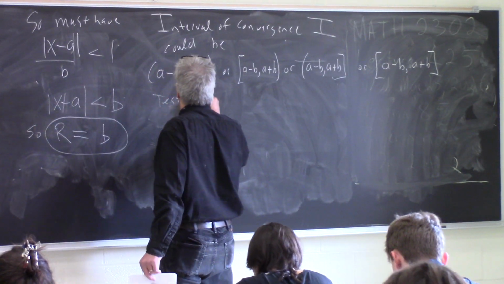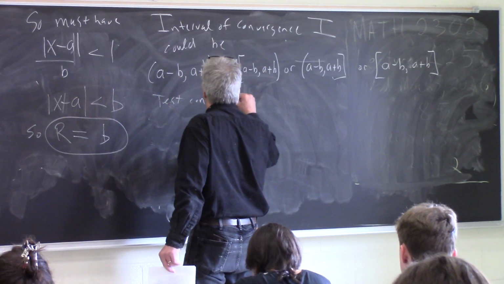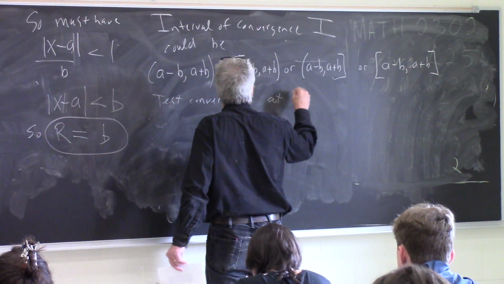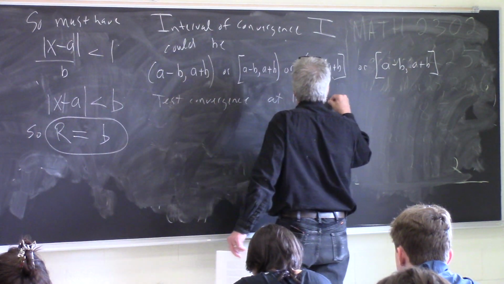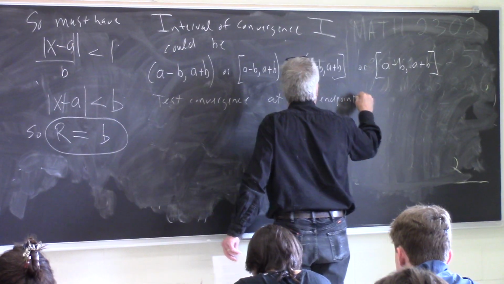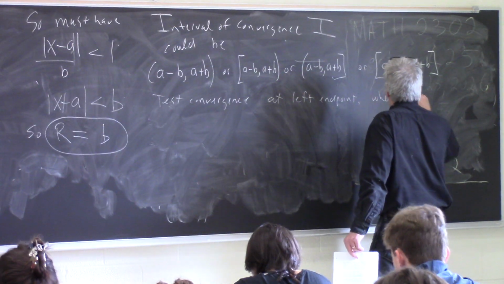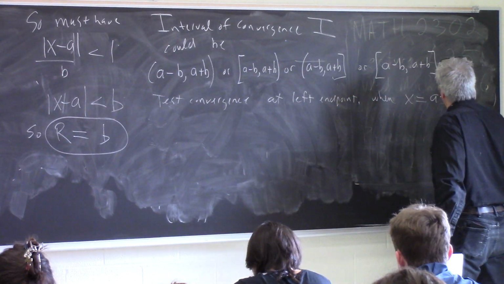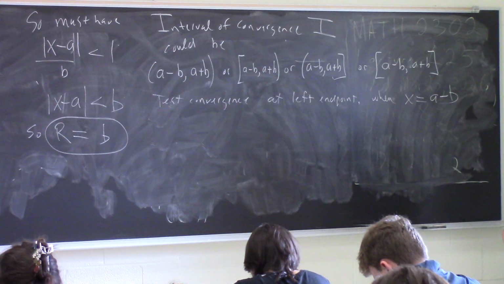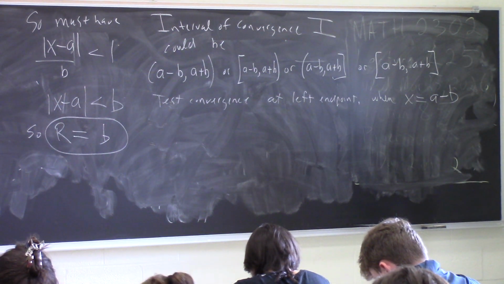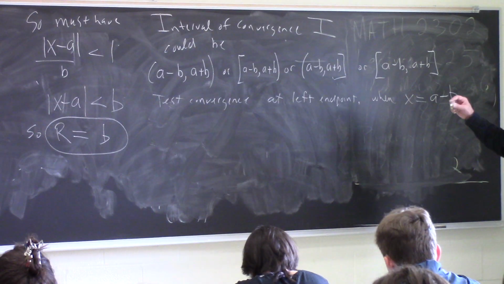So test the convergence at the left endpoint. That is when x equals a minus b. That's how far x has wandered from the number a. So let's go back to the series.